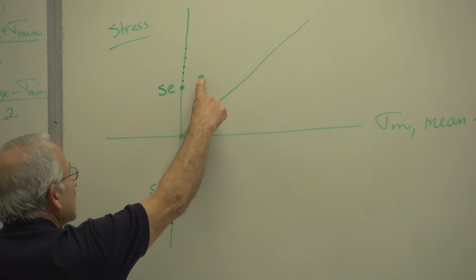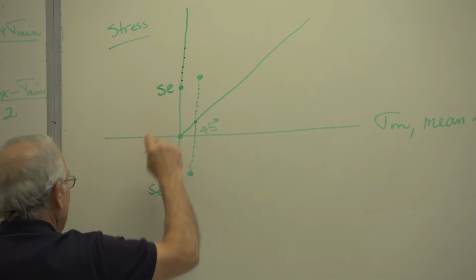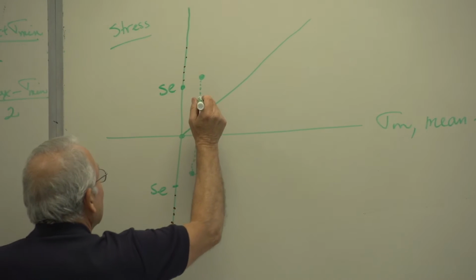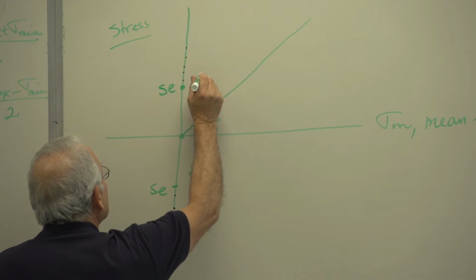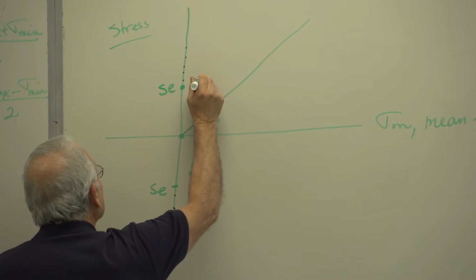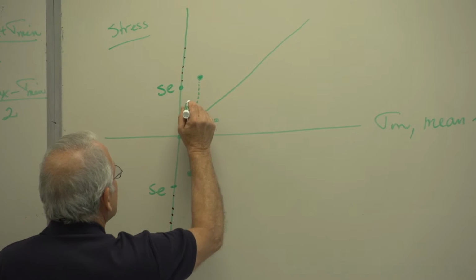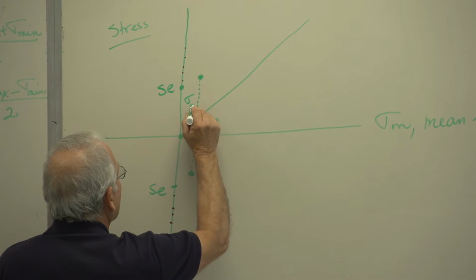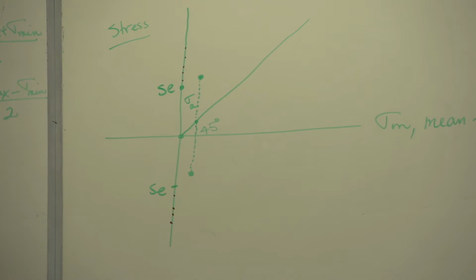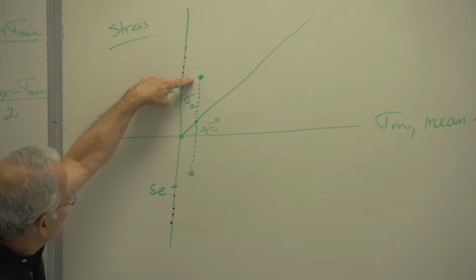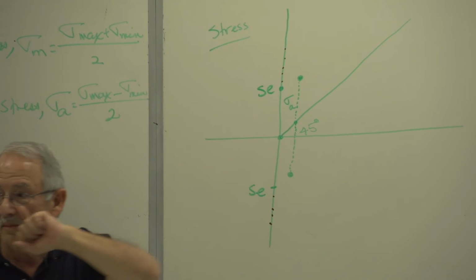Notice that this is smaller than that. So this point, what's the stress at that point? Remember, this is the alternating value of the stress. I'll write it here, sigma a. What does this stress indicate?